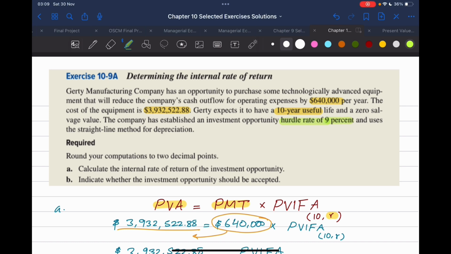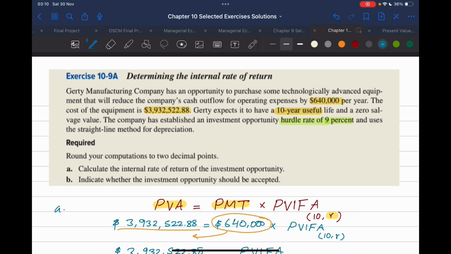If you remember from our discussion in class, the hurdle rate basically means that this is the crossover point that the company uses to determine whether they should accept an investment opportunity or not.